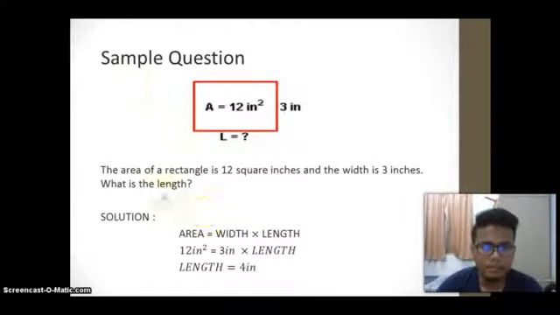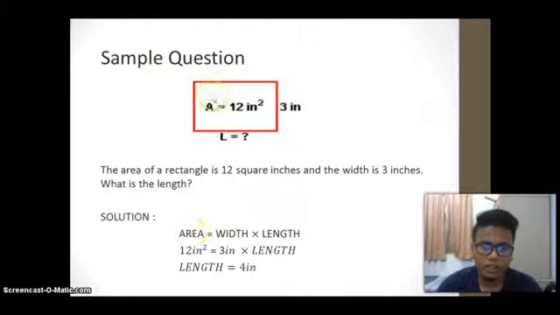Okay, here is a sample question for the rectangle. The area of a rectangle is 12 square inch and the width is 3 inch. So what is the length? In this case, the question already gives the area, so we must find the length of the rectangle. We just use the same formula.